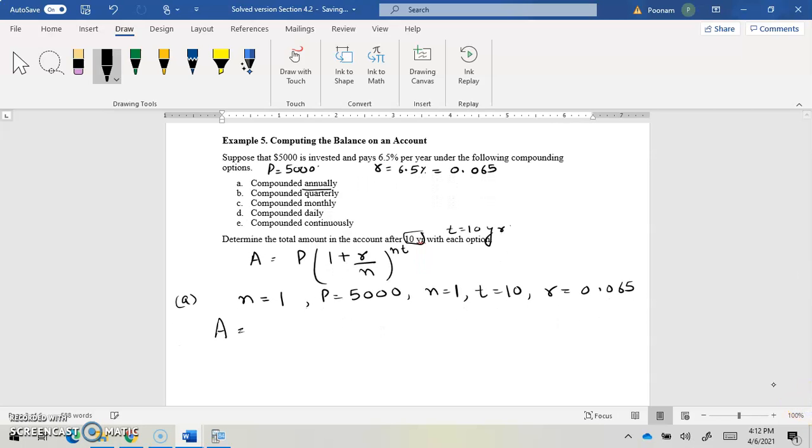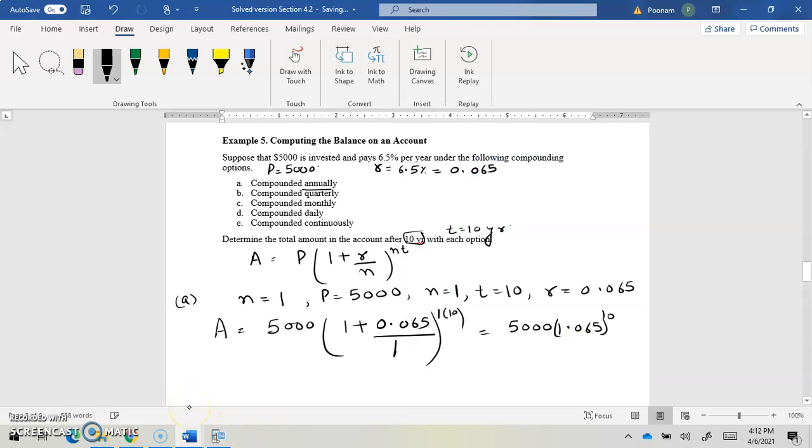So amount will be equal to 5,000 times 1 plus 0.065 divided by 1 raised to the power 1 times 10. So 5,000 times 1.065 raised to power 10.